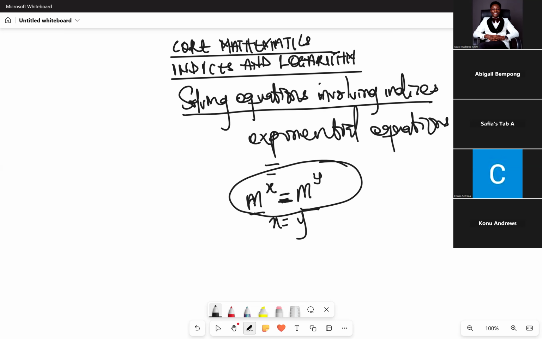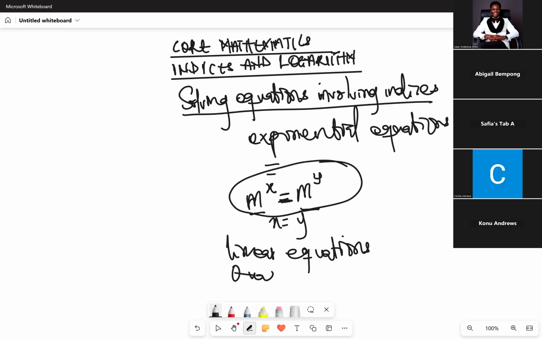I've told you that when you see exponential equations, one simple idea we use is that as long as the bases are the same, you equate the powers. Usually these equations become linear equations, and you need ideas in linear equations to solve.